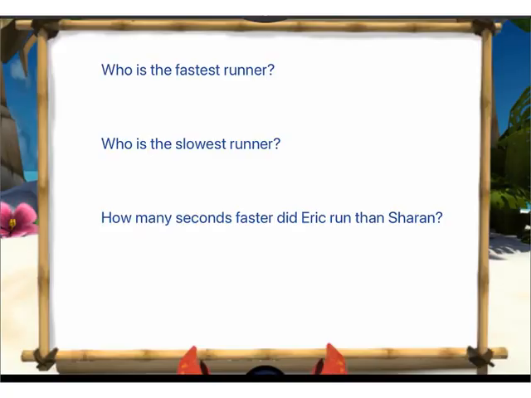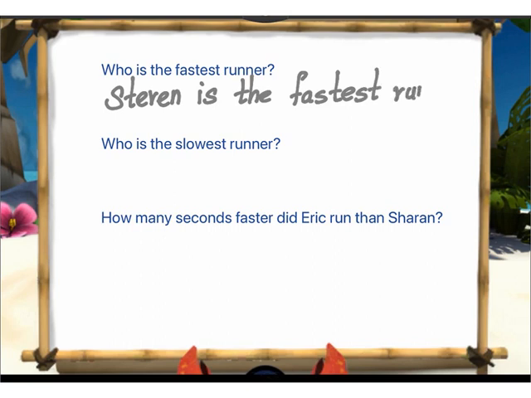Let's do it. The first question is, who is the fastest runner? We know that Steven is the fastest runner because the data shows that he ran 100 meters in the least number of seconds, that is 18 seconds. So the statement should be, Steven is the fastest runner. Period.